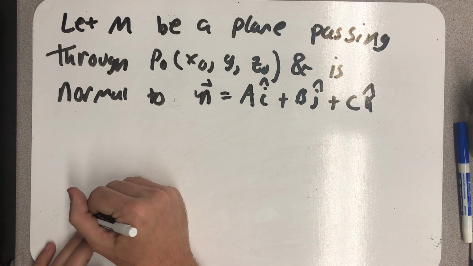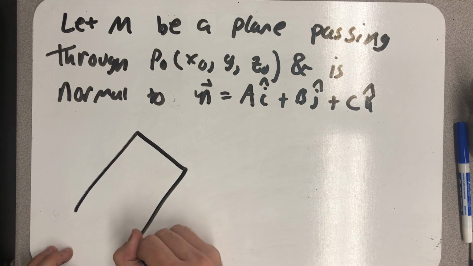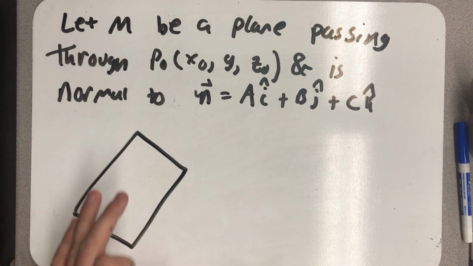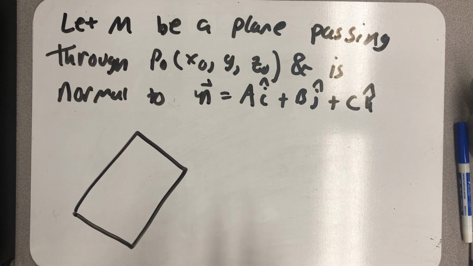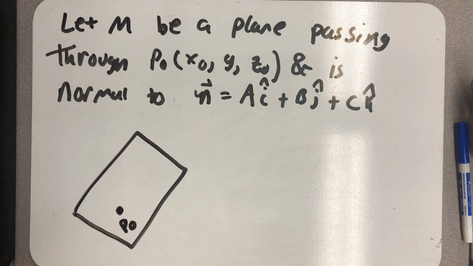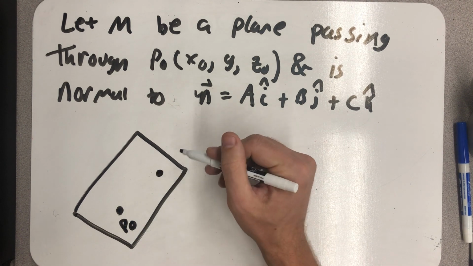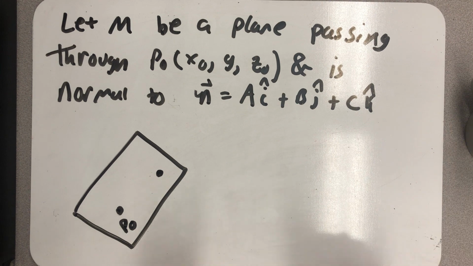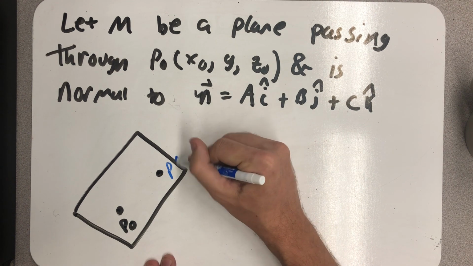So I'm going to try to draw a picture here. I'm going to imagine this rectangle I'm drawing to be a plane. So we need to imagine that it extends as far as it wants to in any direction. And I have this point P naught. I want to imagine a point P that's any other point in that plane, and so I'll just let it be (x, y, z).